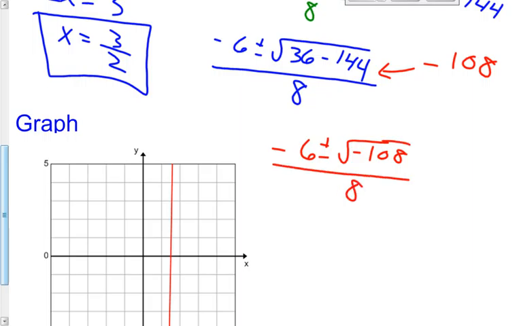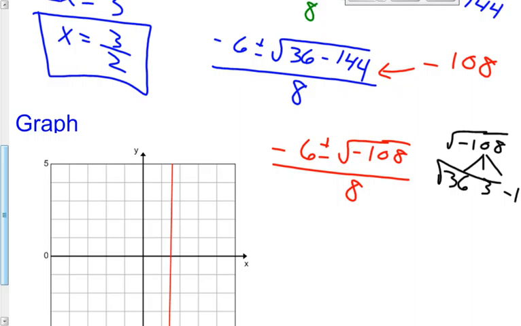The square root of a negative 108 is the same thing as 36 times 3 times negative 1.